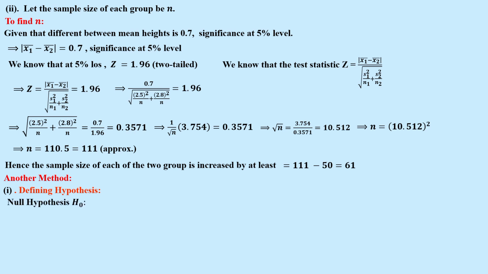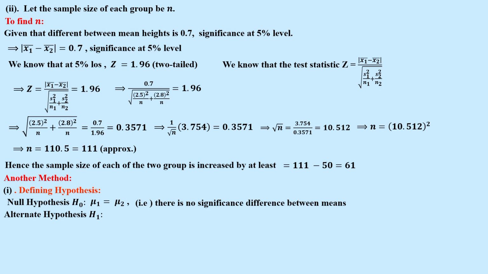Next method, defining hypothesis: H0 is mu1 equals mu2, no difference in the mean height. Alternate hypothesis, let it be greater than, that is athletic people's height is greater than non-athletic people's height, mu1 is greater than mu2.